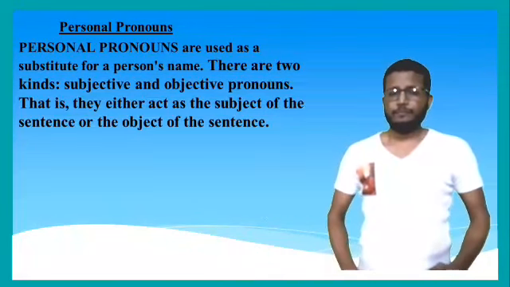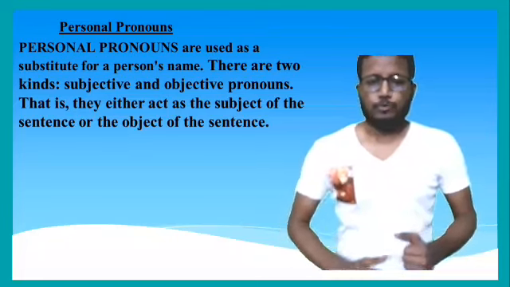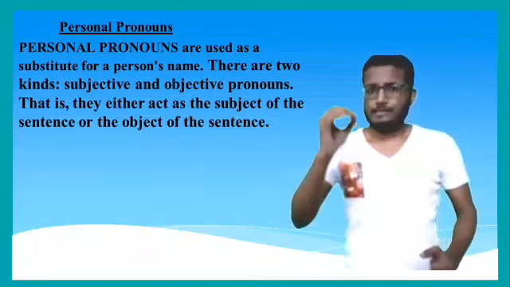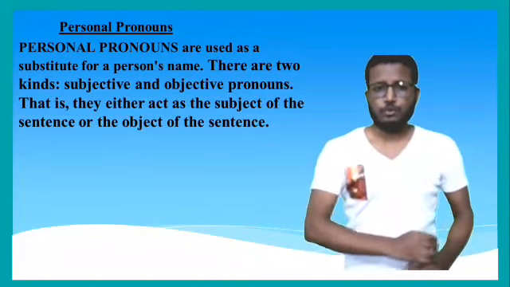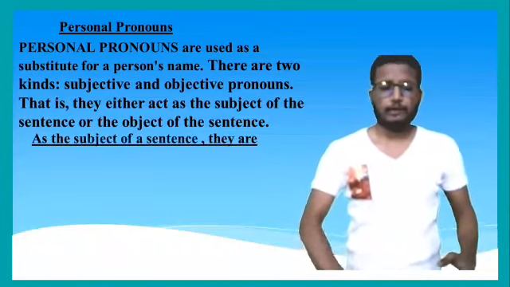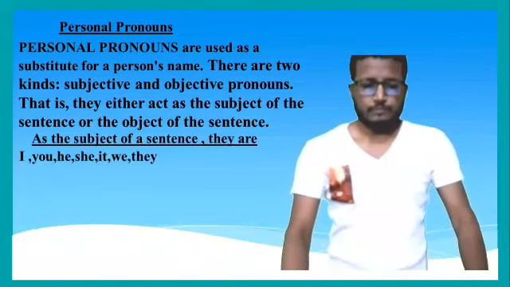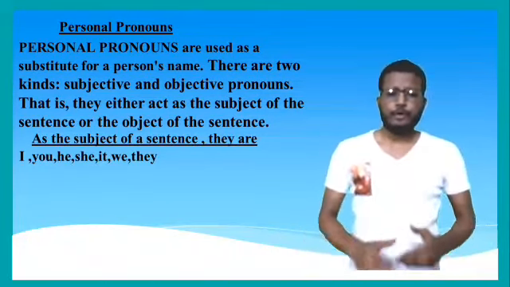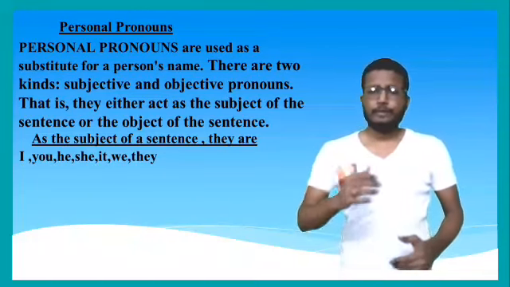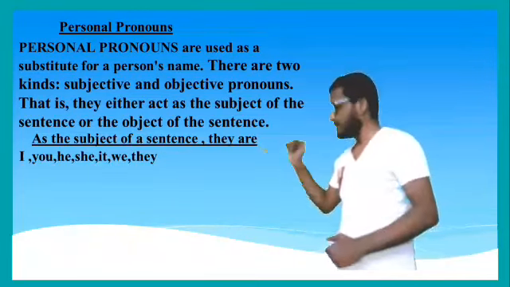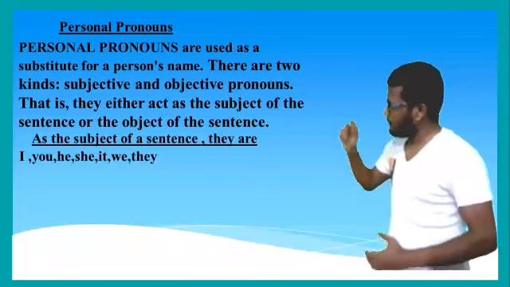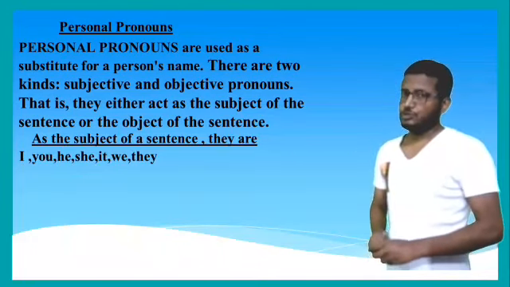So let's open the mystery about personal pronoun as subject. First of all, let's know who are they. They are I, you, he, she, it, we, they. If you follow the examples here, you can see each and every example, they belong to the person.